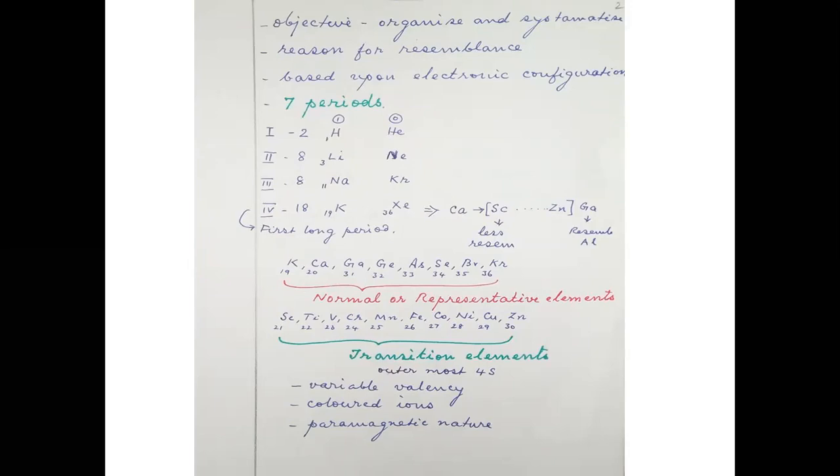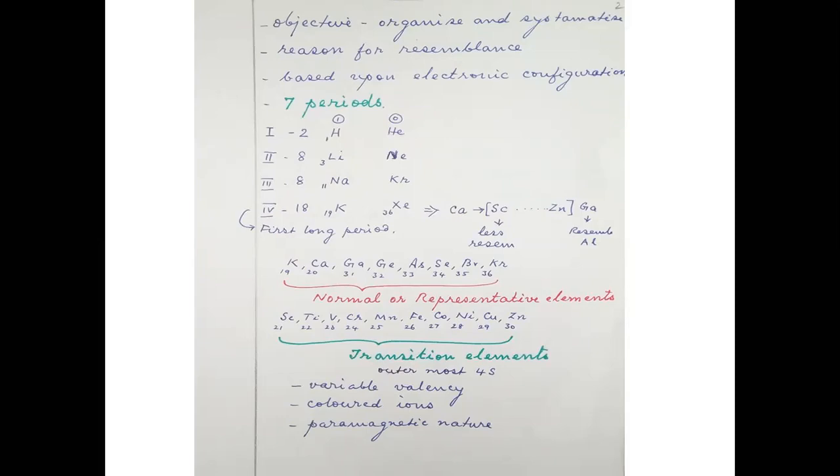Similarly, copper, which is supposed to be 3d9, 4s2, is 3d10, 4s1 to make it a completely filled d subshell. Therefore, the electronic configuration is adjusting itself to attain stability.